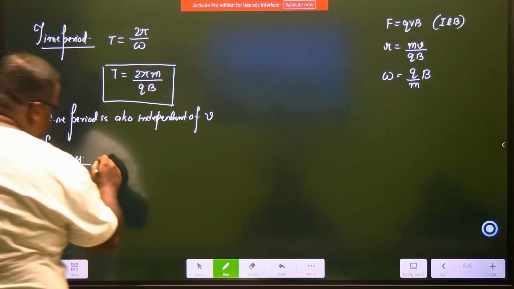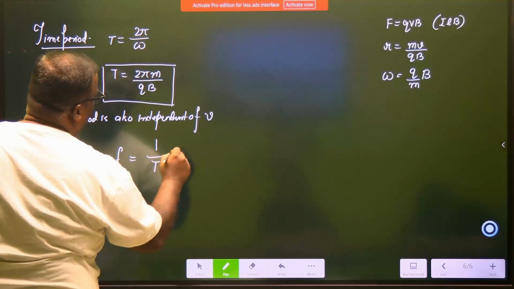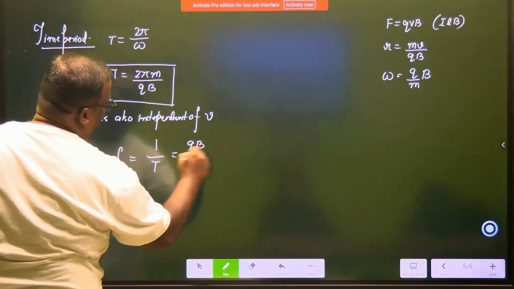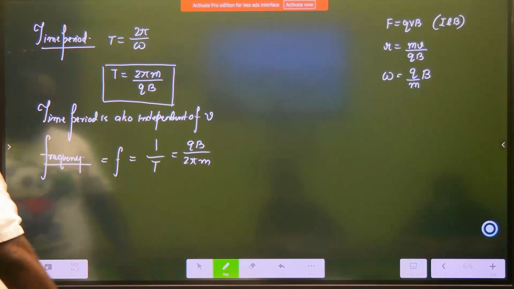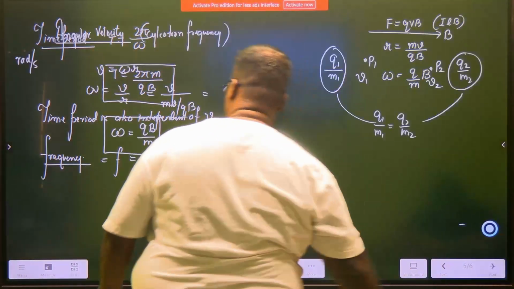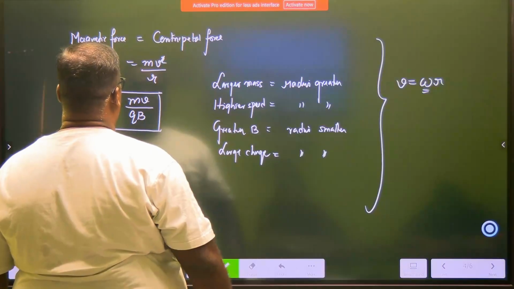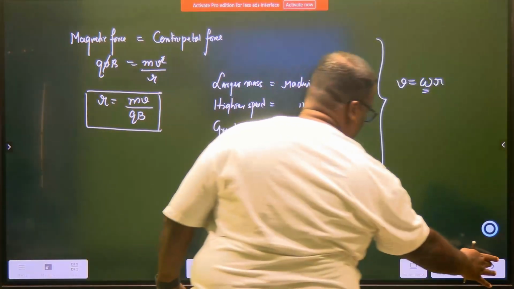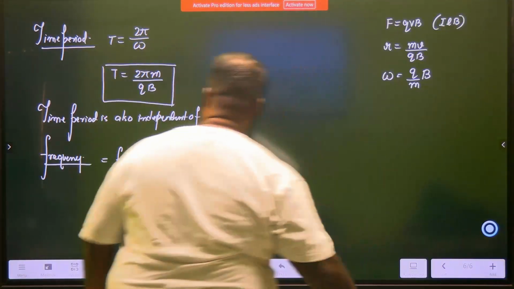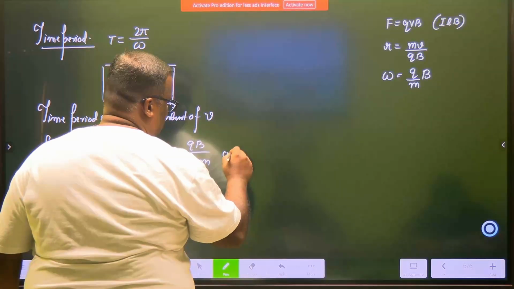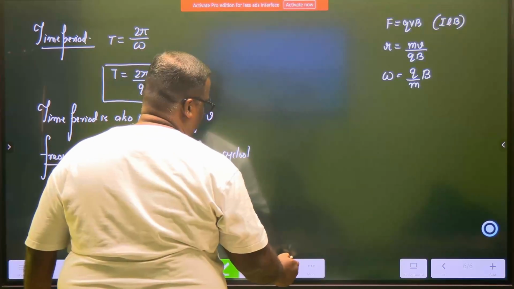So frequency is always F, which is given by 1 upon T. So it becomes qB by 2 pi m. Did I write that as cyclotron frequency? The previous one, you mentioned this as qB by m, omega. Yeah. So this one you can write as the cyclotron frequency.